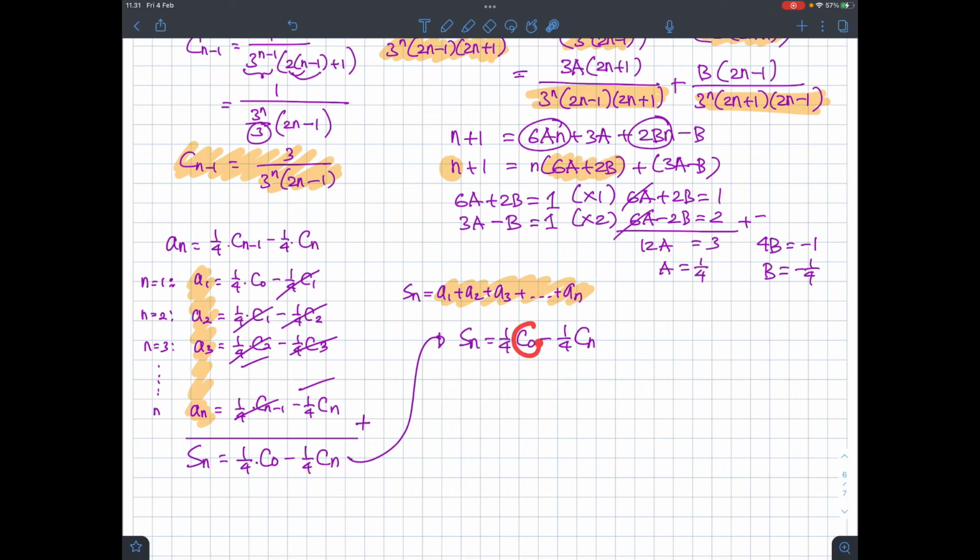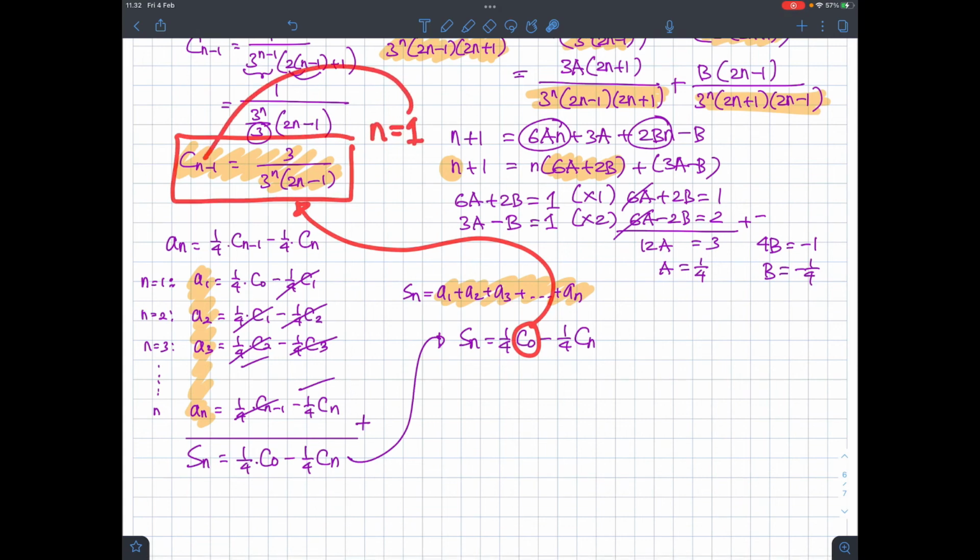And from here you can find the value of c0. You just put n equal 1 into this, you will get c0, yeah. So this is also 0 and this is also 0, yeah. So 3 over 3 to the power of 0 is 1 times negative 1, yeah.